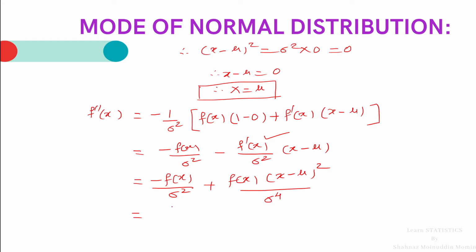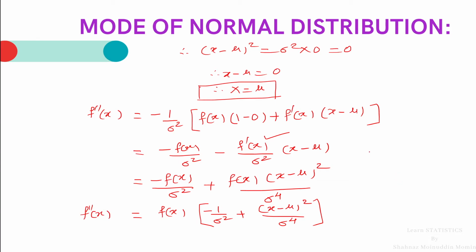We will take f of x outside, then it is minus 1 by sigma square plus (x minus mu) whole square divided by sigma raised to 4. This is the value of second derivative of PDF.